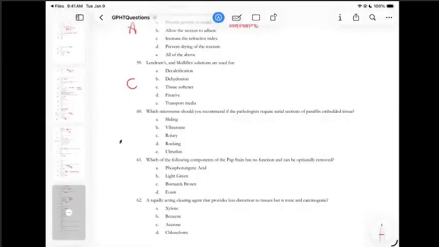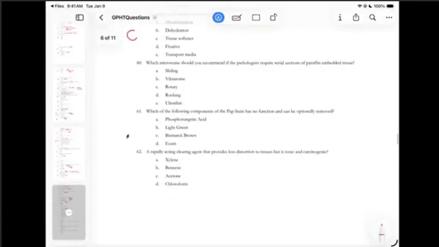So number 59, letter C. Number 60: which microtome should you recommend if the pathologist requires serial sections? If you're after excellent serial sections, it's the routine microtome, that's your rotary microtome. So number 60, that's letter C.